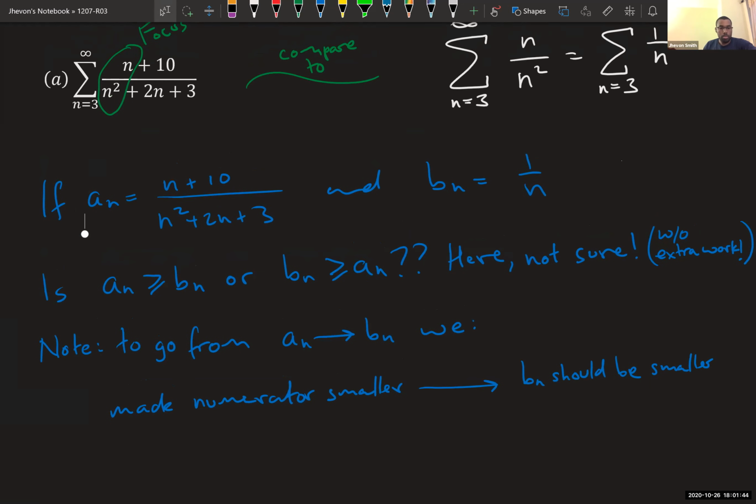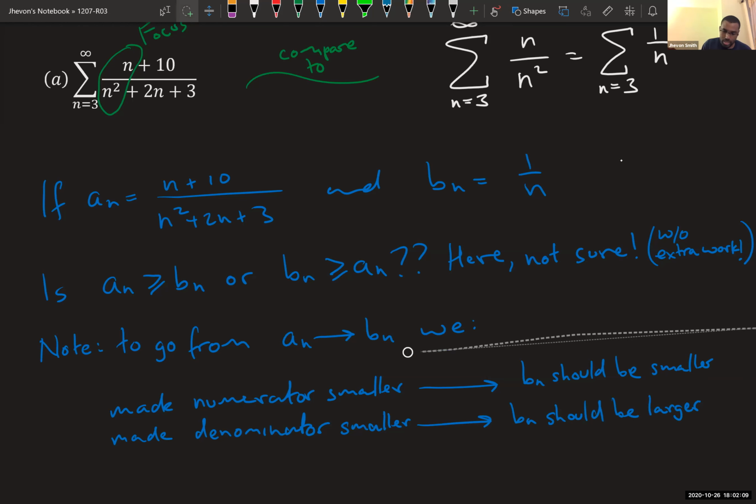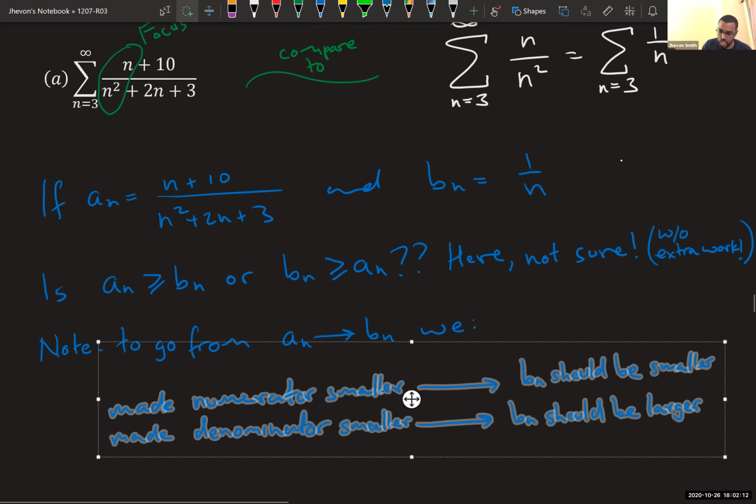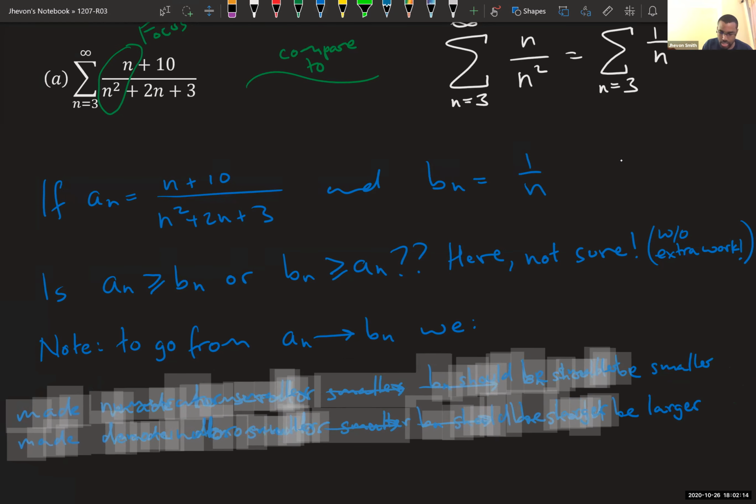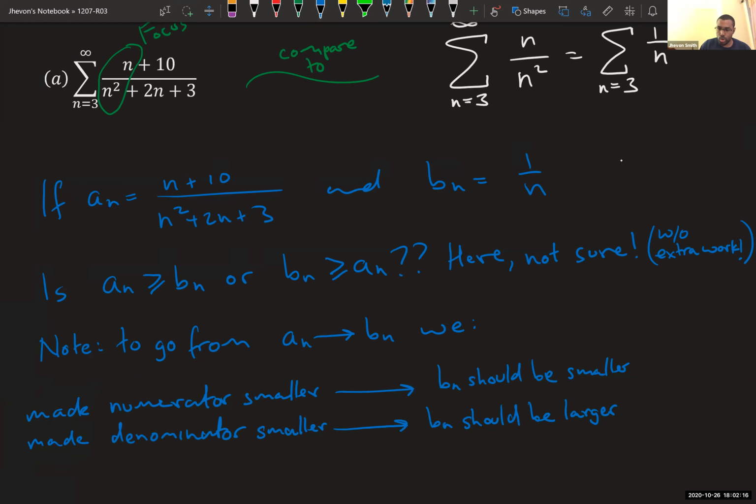But also what you'll notice is that we also made the denominator smaller, which means bn should be larger. And now it's like, well, who wins? You know what I mean? So at this point, because we made changes that were in conflict, we're not sure who wins out.